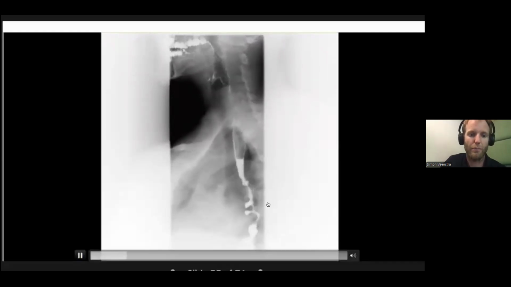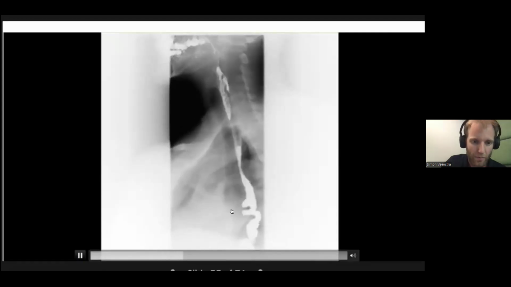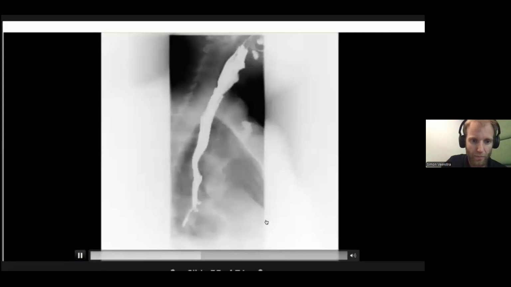So one can appreciate distally these outpouchings, in keeping with probably the documented diverticulum.